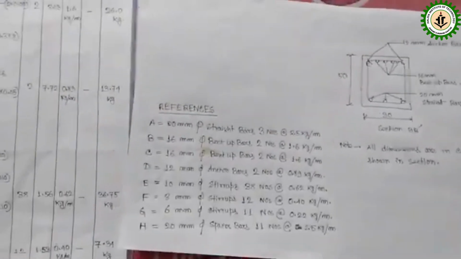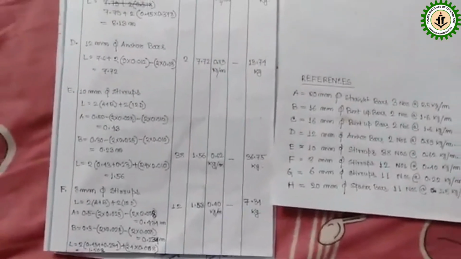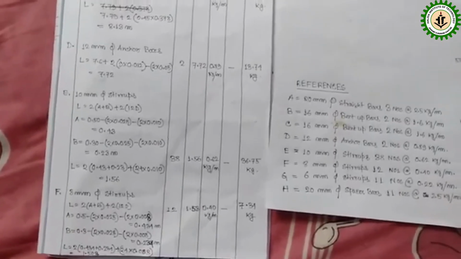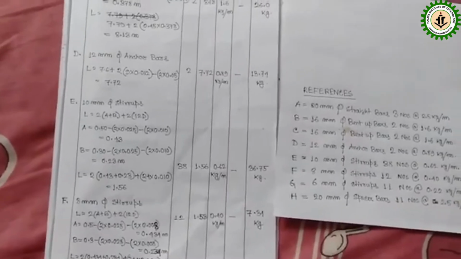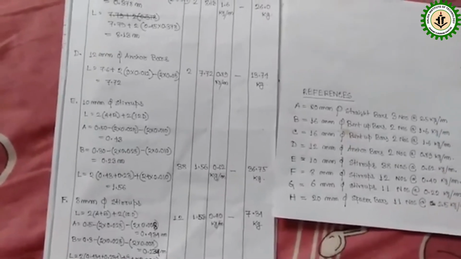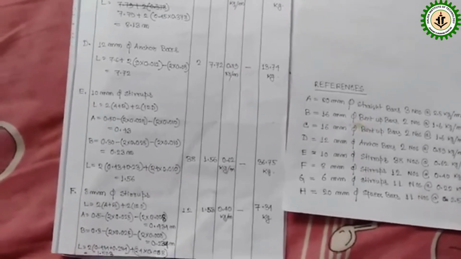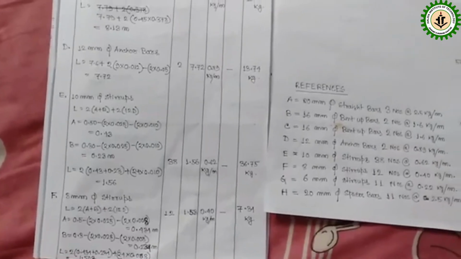Now we have to deduct cover area from both sides. So our cover area is always same, that is 0.025 meter. So deduction for both sides is 2 into 0.025 meter. Because the length A is in dimension, we have to deduct the diameter of stirrup also from both sides. So that is 2 into diameter of stirrup is 10 millimeter.